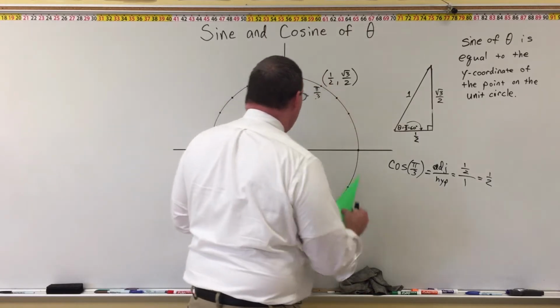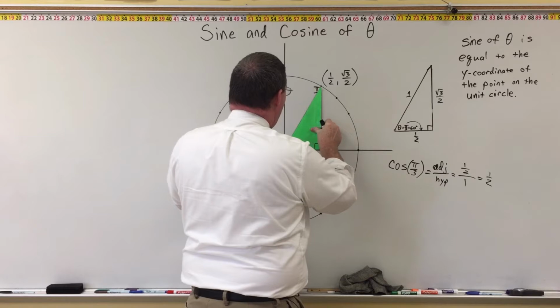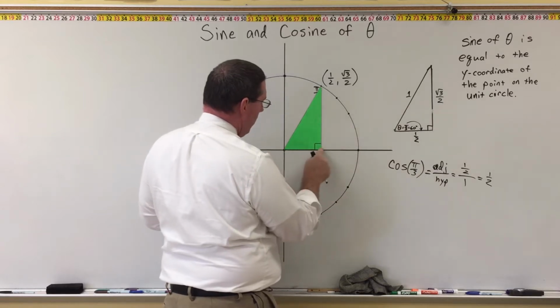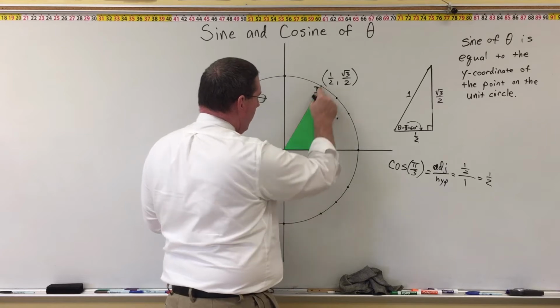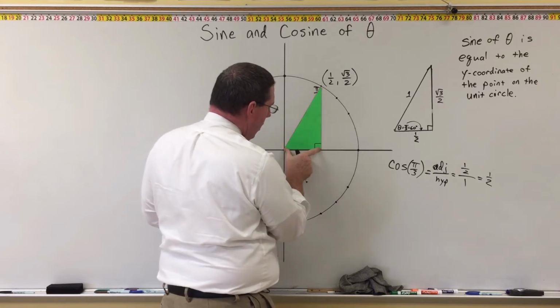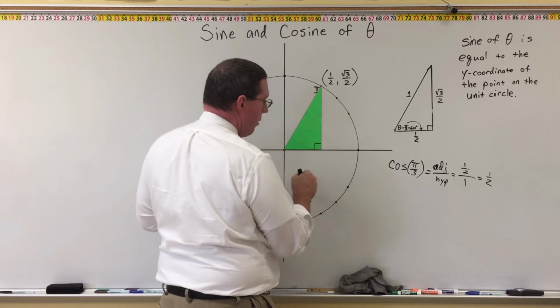Well, it's not that curious at all when you consider that we put this triangle in here, and we know that the distance from here to here, which is the adjacent side over the hypotenuse, is also equal to the x-coordinate. The distance from here to here is the x-coordinate.